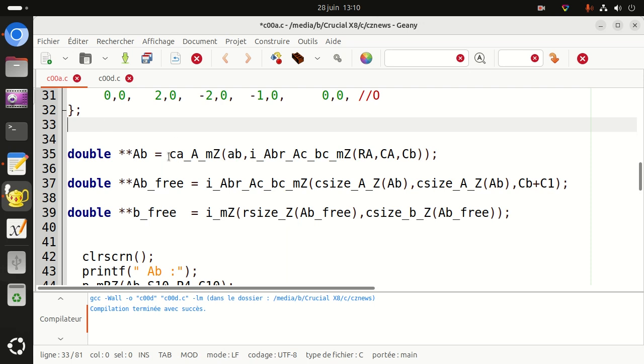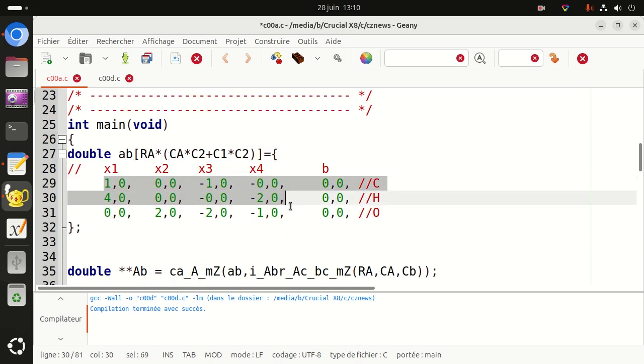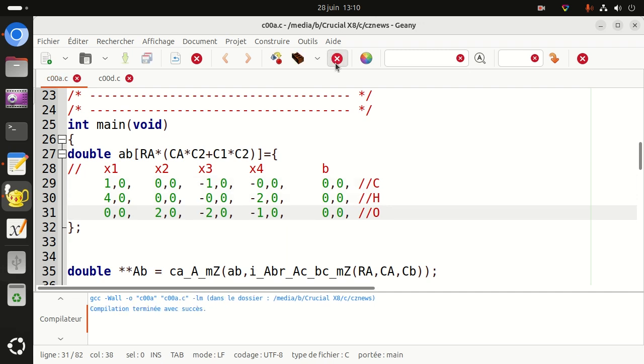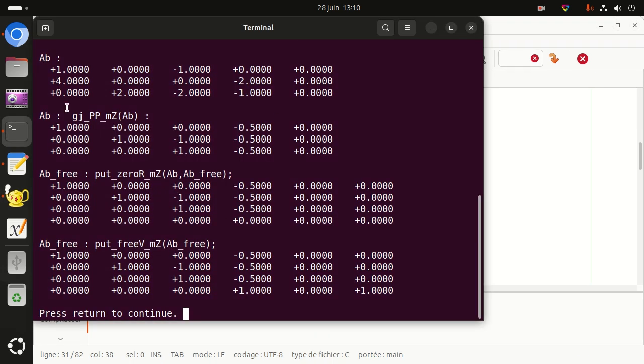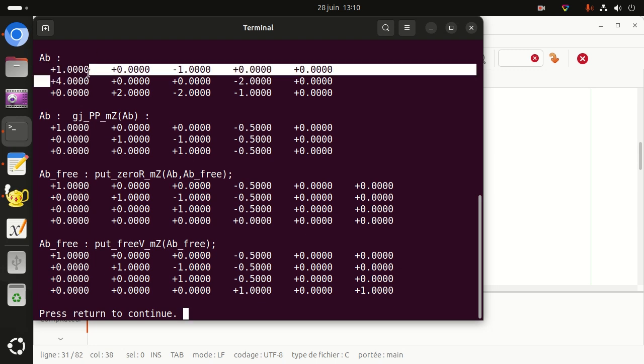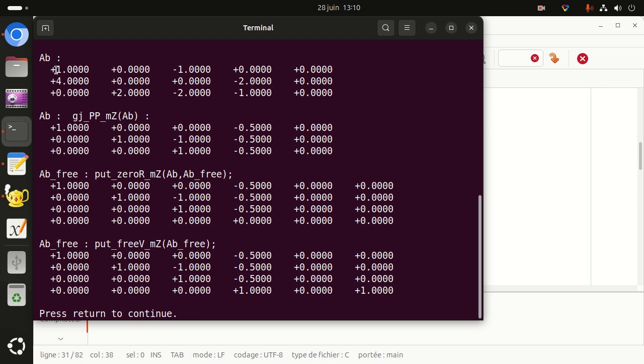Now I want to resolve this system of linear equations. I can see I have three lines but 4 columns.